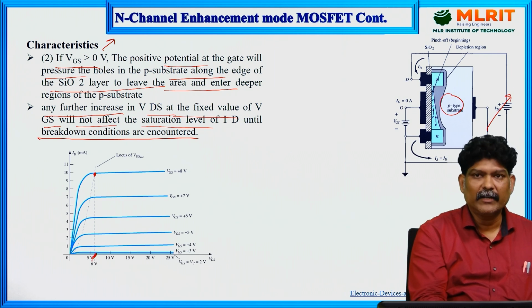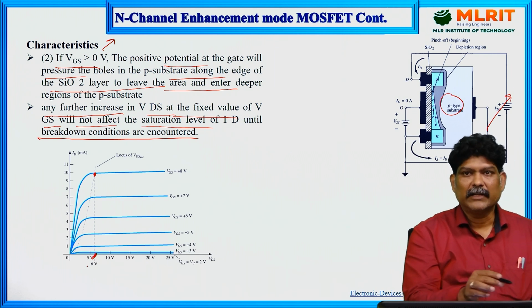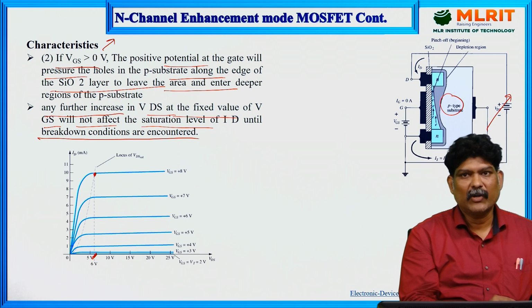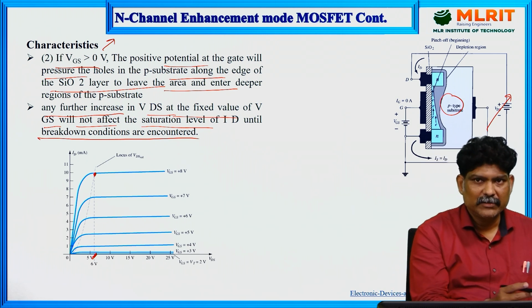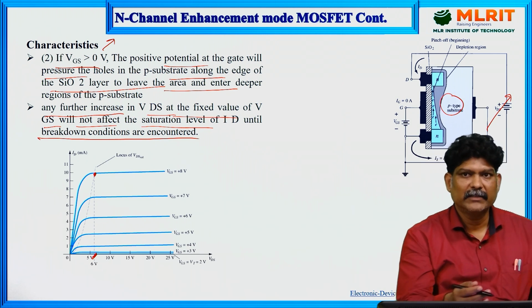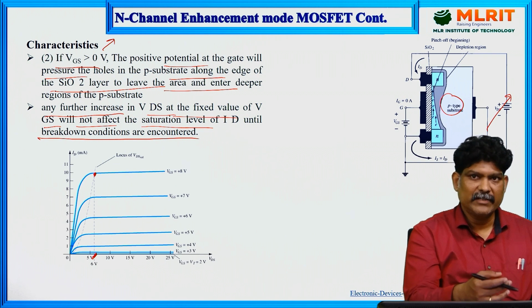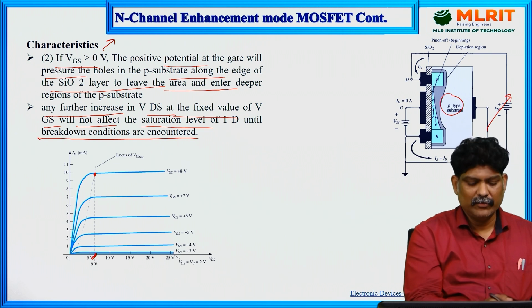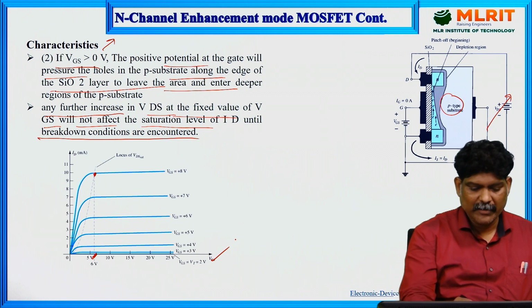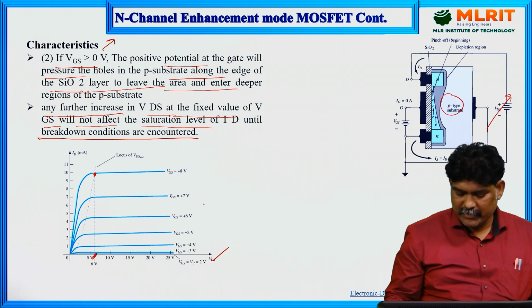From this point, the output drain current will be constant, and if you increase further, the voltage decreases, so the saturation occurs for lower values of VDS. That is about the characteristics of the second case.